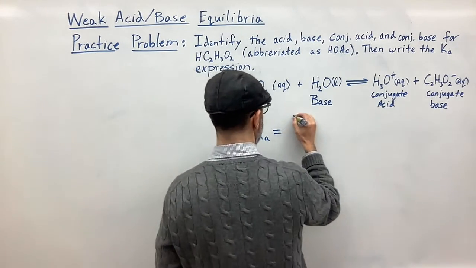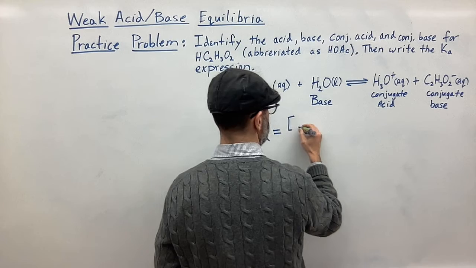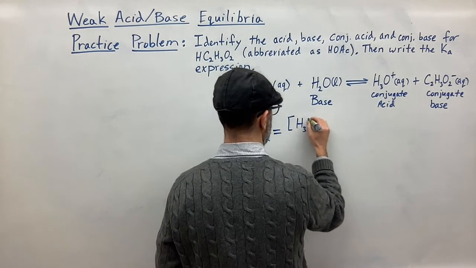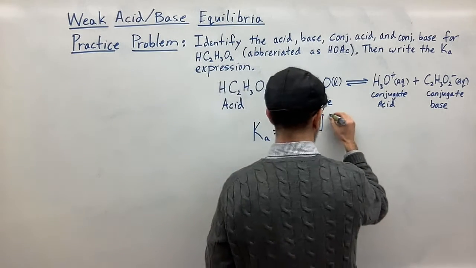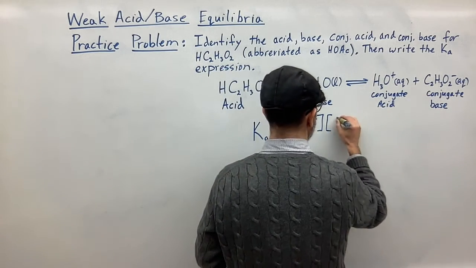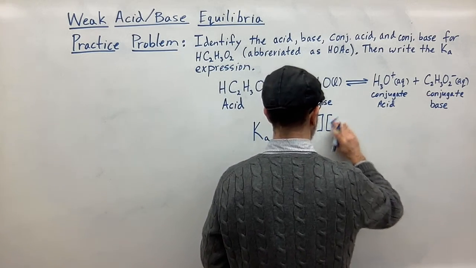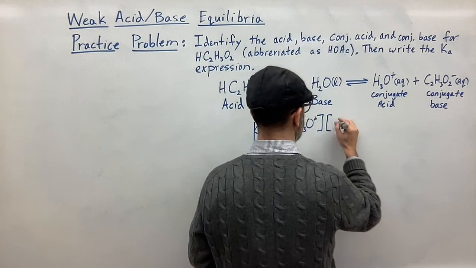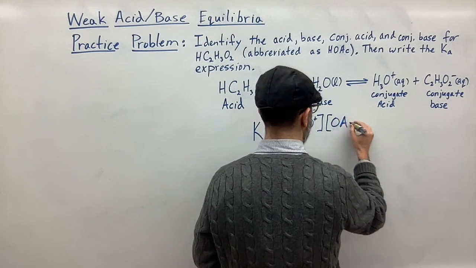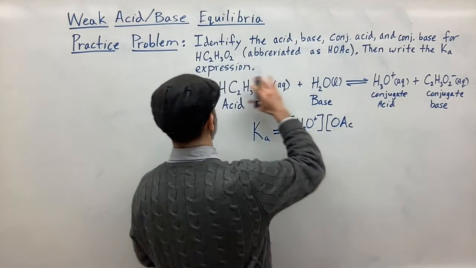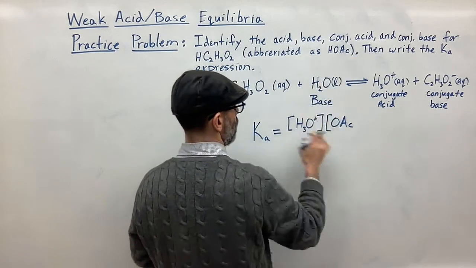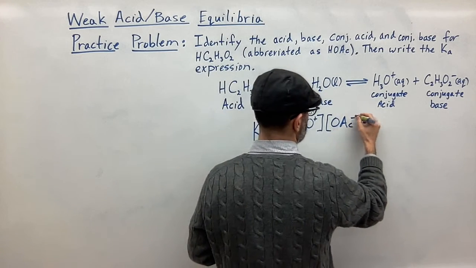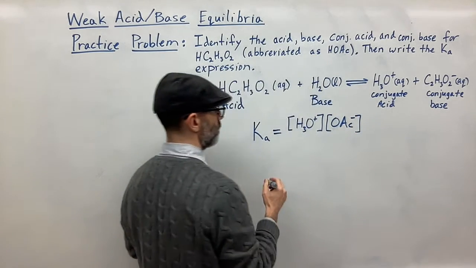So the Ka expression ends up being H3O+ multiplied by, and then we're going to abbreviate this, we'll say this is OAc-, because we're saying that this is abbreviated HOAc, so it lost its hydrogen.